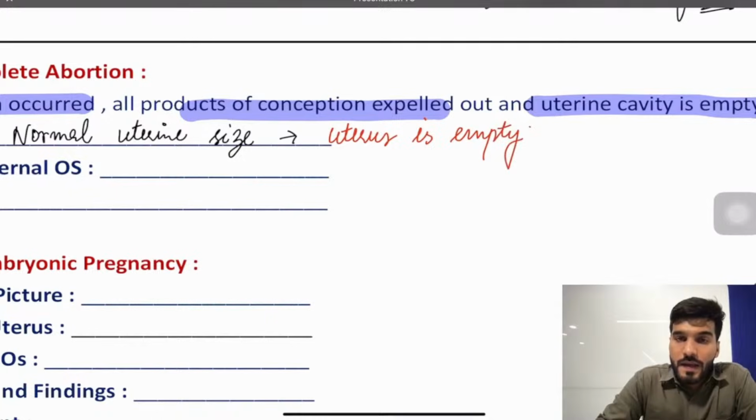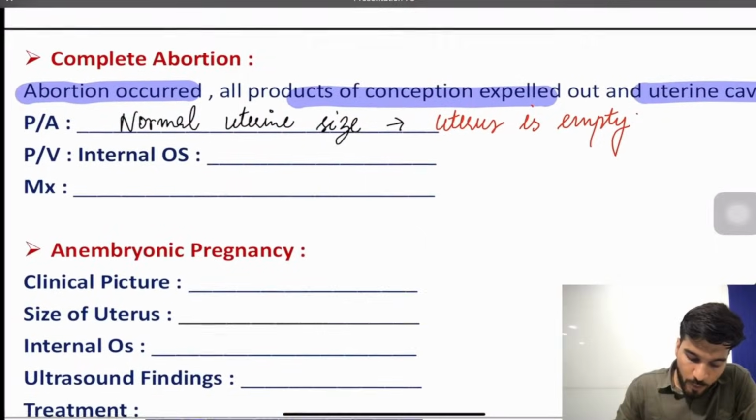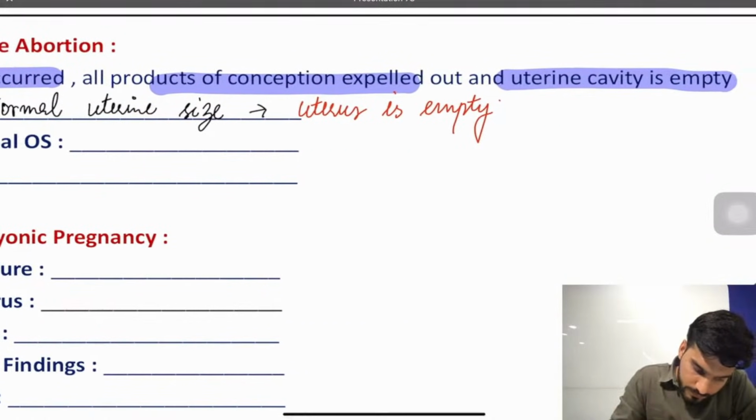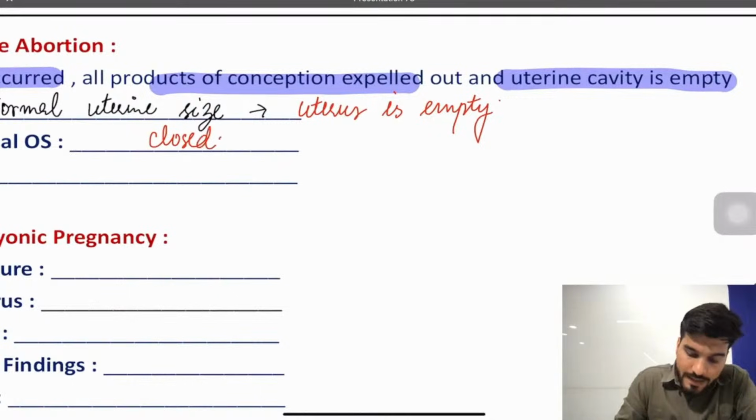And on per vaginal examination, the internal os is closed. Whatever was inside in case of a complete abortion has all come out. The uterus is empty.